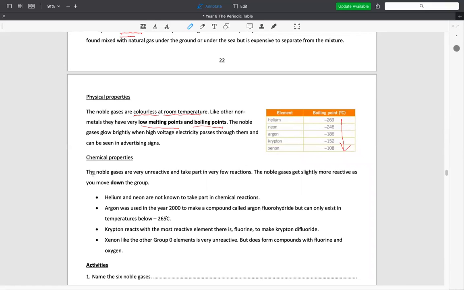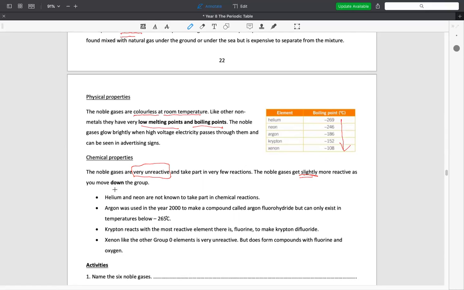Again, looking at the chemical properties, like I said, they're quite unreactive, but they can take part in a few reactions, but not that many. And they get slightly, and by slightly I mean very slightly more reactive as you go down the group.